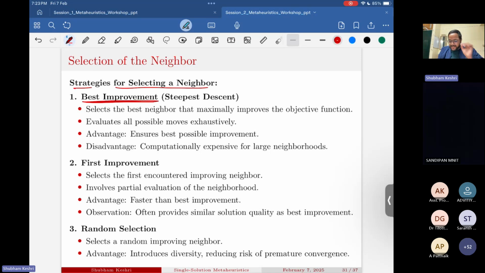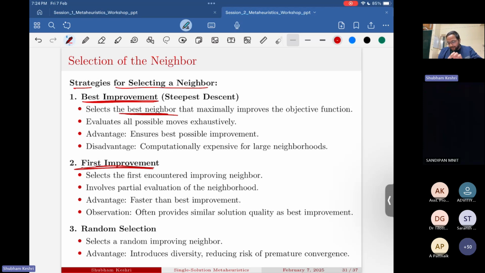First is best improvement, that is exhaust all search in the neighborhood. Select the best neighbor in the neighborhood and then move to the neighbor. Another strategy is to select the first better neighbor. So if you are searching the neighbor, select the first solution which you encounter as a better solution, move to that neighbor. So this has trade-offs.